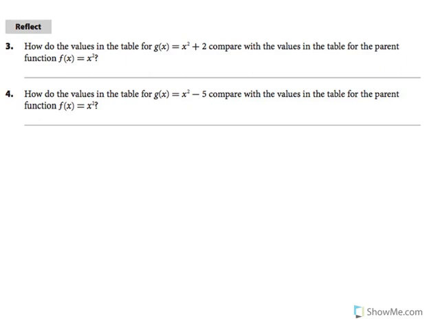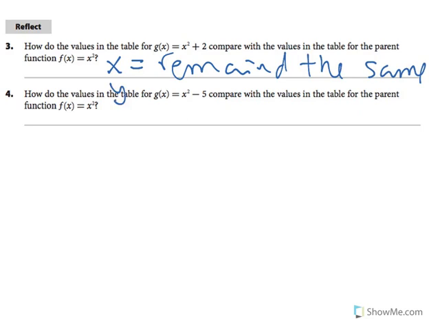How do the values in the table of g of x equals x squared plus 2 compare with the values in the table of the parent function? Here we see that the x values remain the same, but then the y is 2 units up. And for our next example, g of x equals x squared minus 5, it's the same thing.